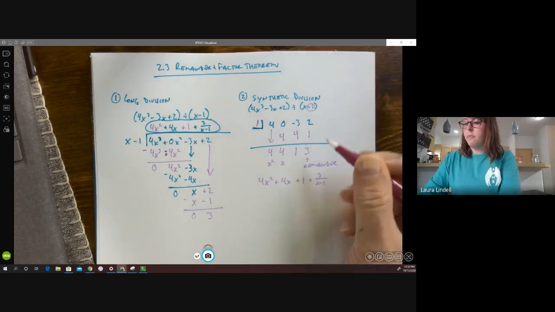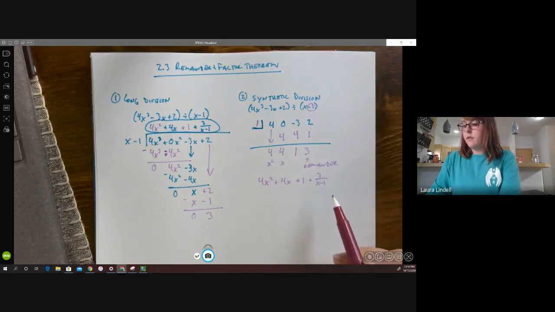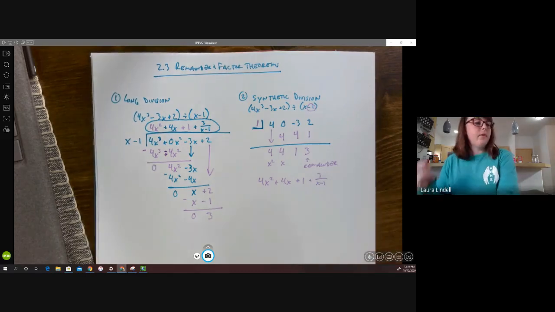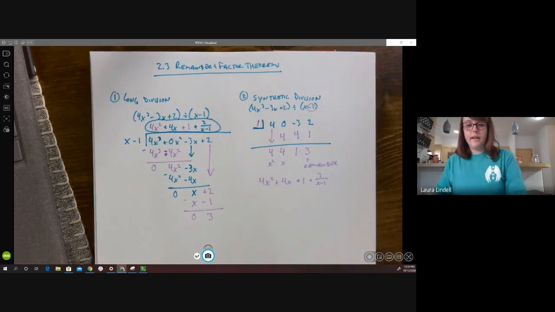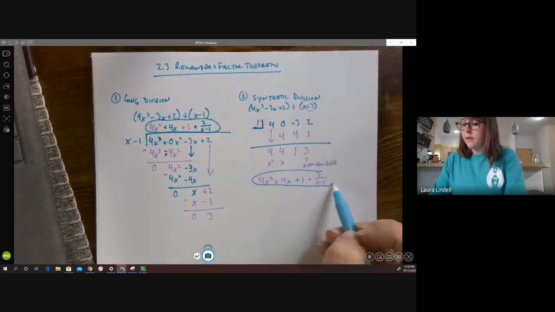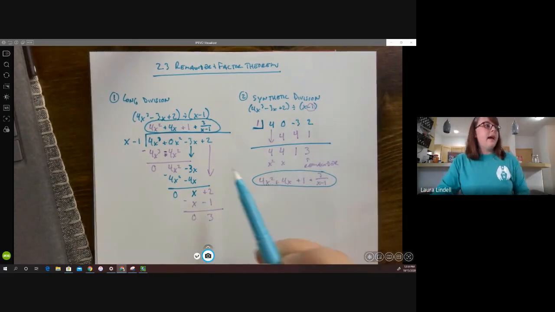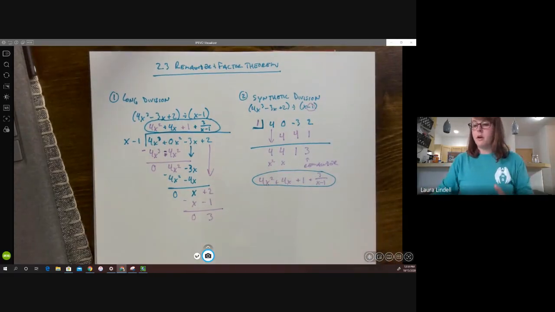So you still stick the remainder over the divisor there. So we get the same thing. This method is typically faster, but it's a little bit harder to see how and why it works, and it might be a little bit harder to keep track of stuff. You can use either method.